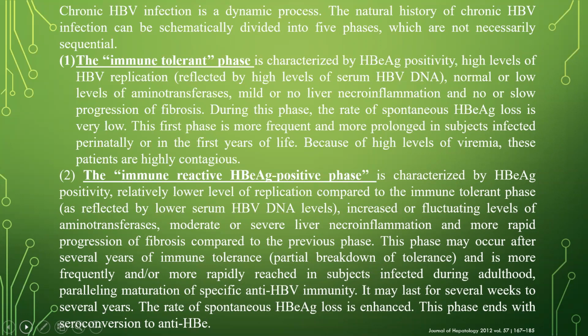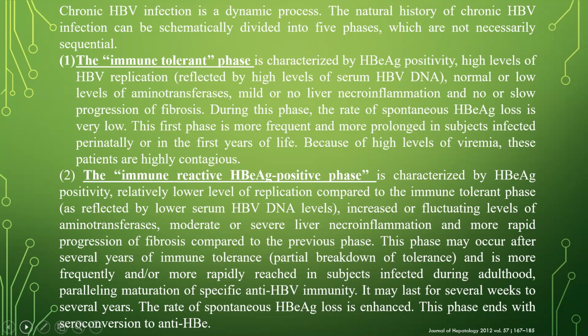The second phase is the immune reactive HBe antigen positive phase, characterized by positive HBe antigen, a relatively lower level of replication compared to the immune tolerant phase, increased or fluctuating levels of aminotransferases, moderate or severe liver necroinflammation, and more rapid progression of fibrosis compared to the previous phase.